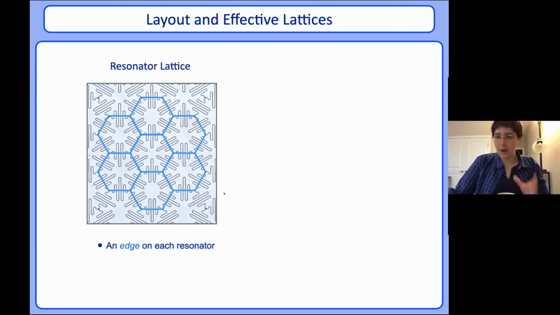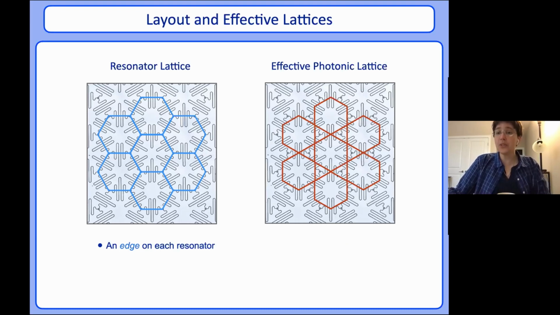And so this describes my hardware connectivity, but it does not describe how photons propagate in this device. Photons move instead on the kagome lattice, because this has a lattice site on every resonator, and two resonators share a hopping matrix element if their ends touch.